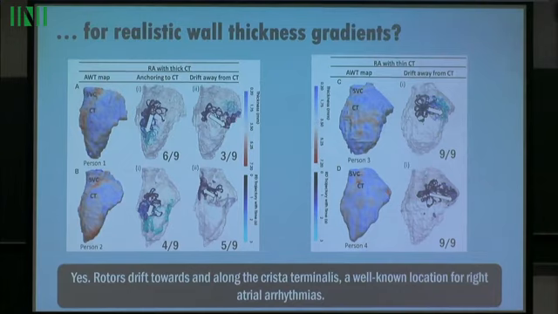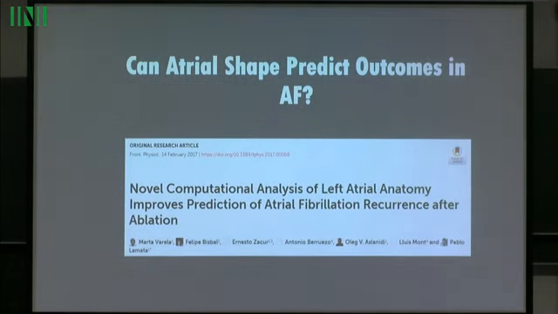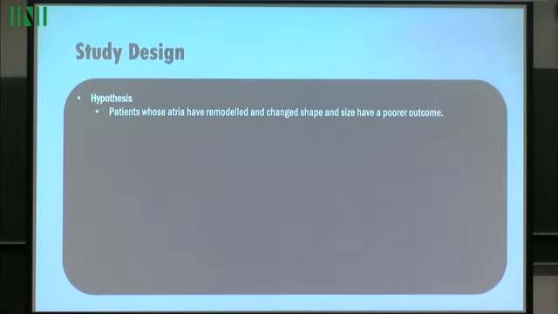So just to finish, I'll talk about something slightly different again in the context of atrial fibrillation, and this was a study we did to look at atrial shape and whether it had any impact and whether we could create some predictors of outcome by looking at the shape of the atrium. So the hypothesis is that patients who've been in AF for a long time adapt to the disease.